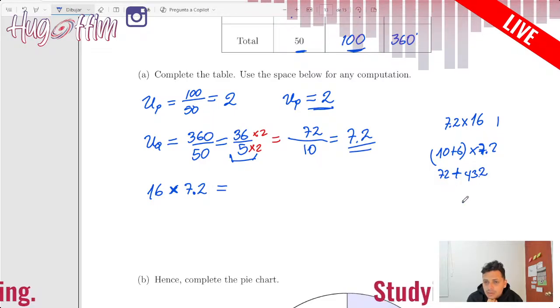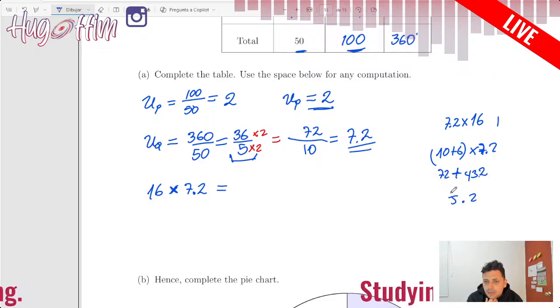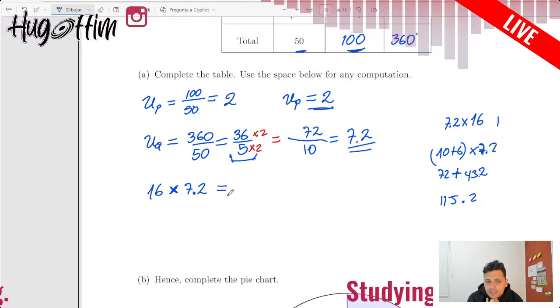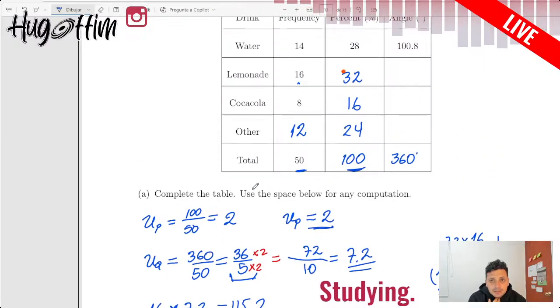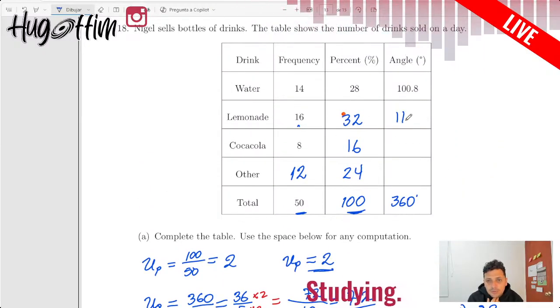So I got 115.2. This is what I got. I hope it's correct.